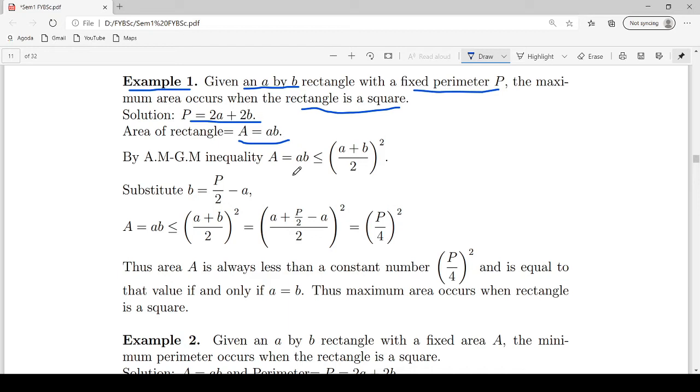Therefore, square root of AB is less than or equal to (A plus B)/2. Then squaring both sides, AB is less than or equal to the square of (A plus B)/2.